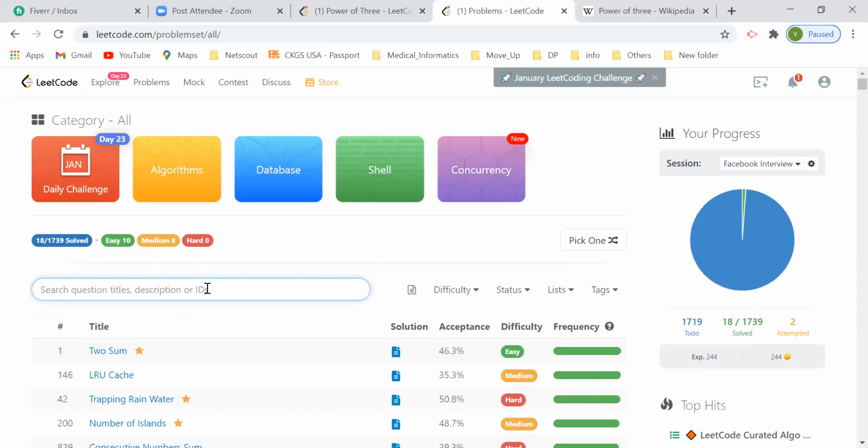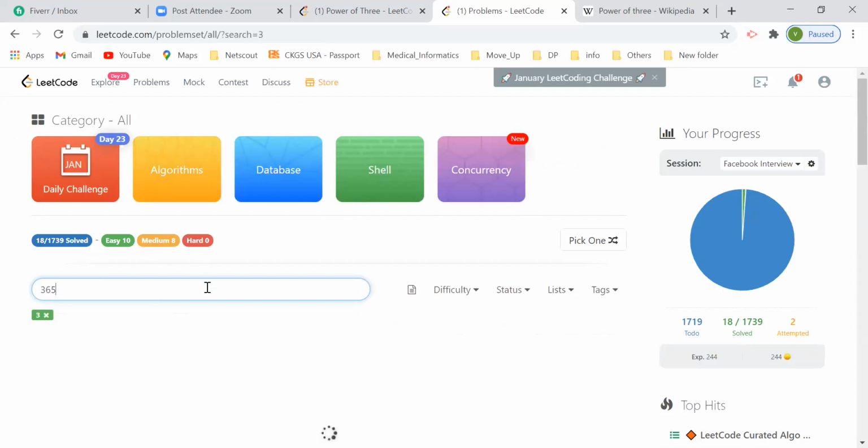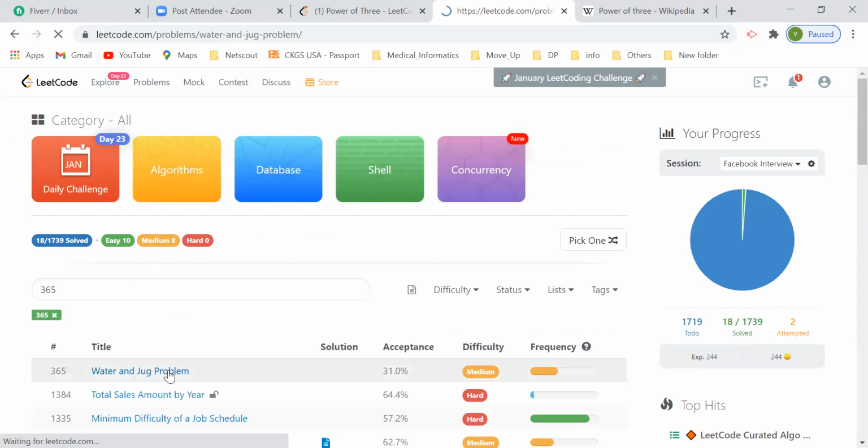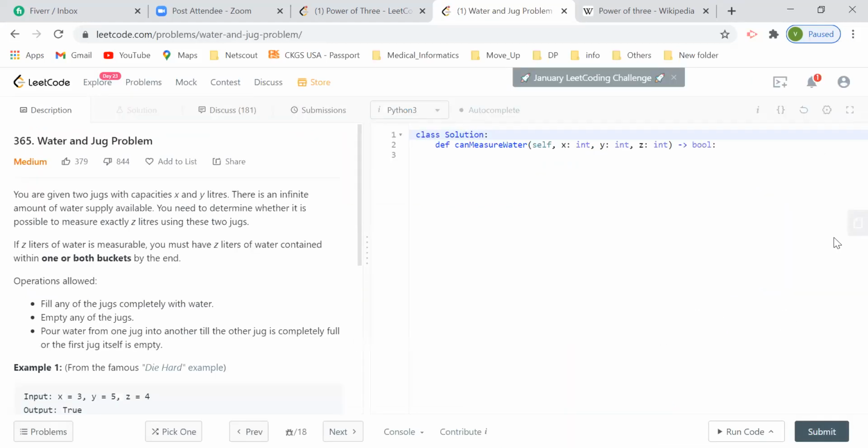Question 365. You are given 2 jugs with a capacity of X and Y liters. There is an infinite amount of water supply available.